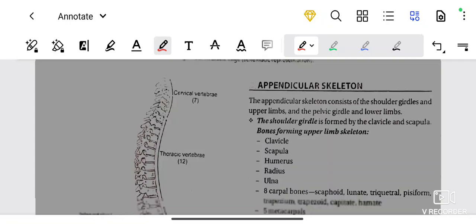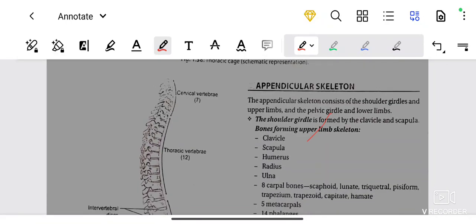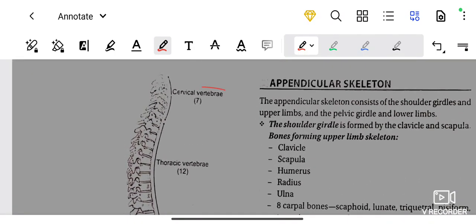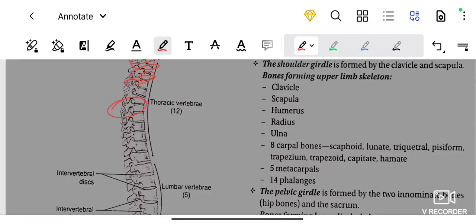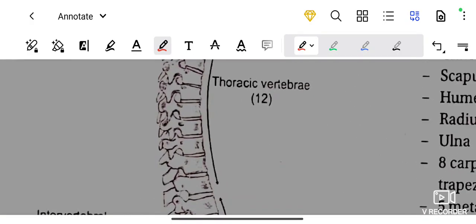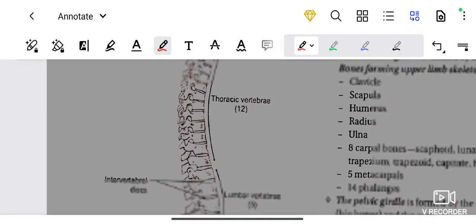Next, the vertebral column. Here you can see the diagram of the vertebral column. The cervical vertebrae number 7, and next the thoracic has 12, like this. Intervertebral disc means the small space or gap between two vertebrae.